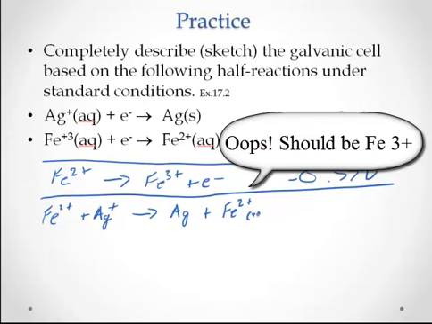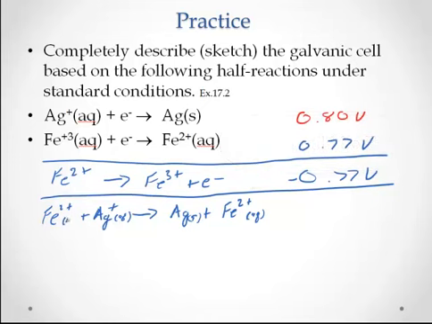And I should be putting aqueous, aqueous, solid, and aqueous. Then to add these up, I get a value of 0.03 volts. Wow. I don't know about you, but I'm not going to be making a silver iron battery with these two samples. That's not much voltage, 0.03 volts.